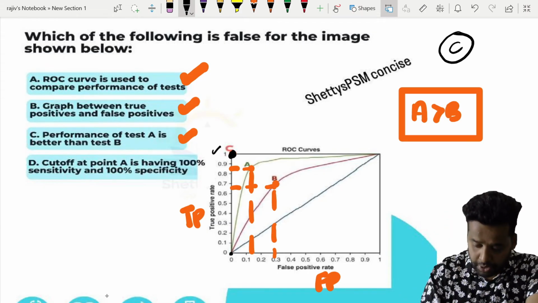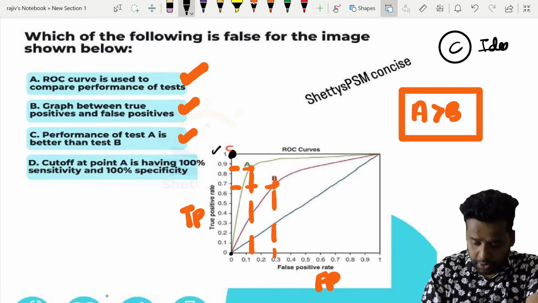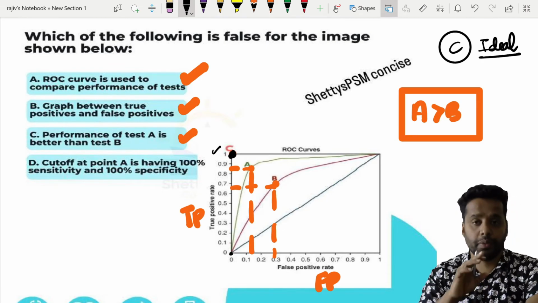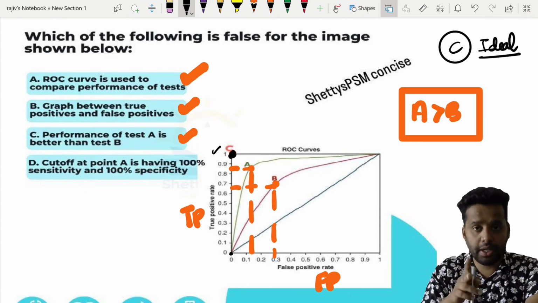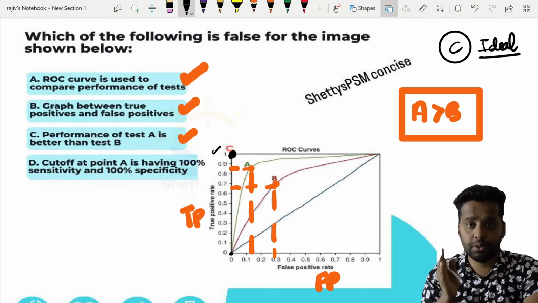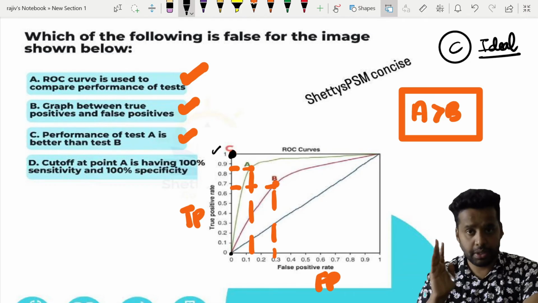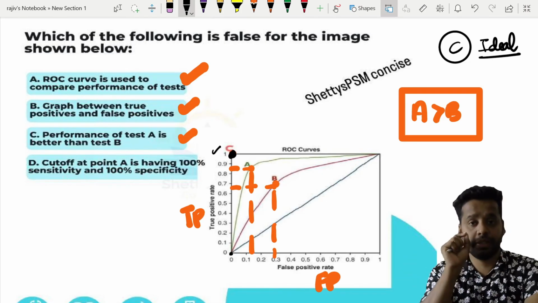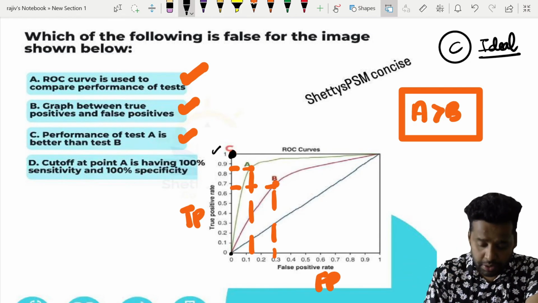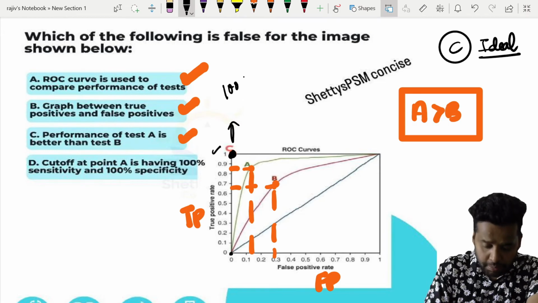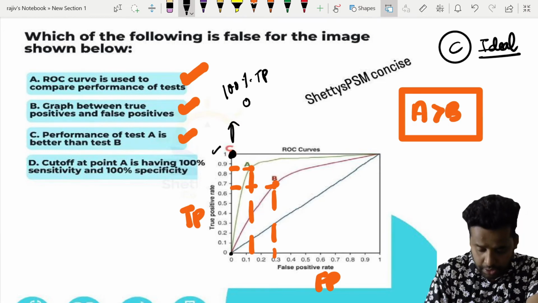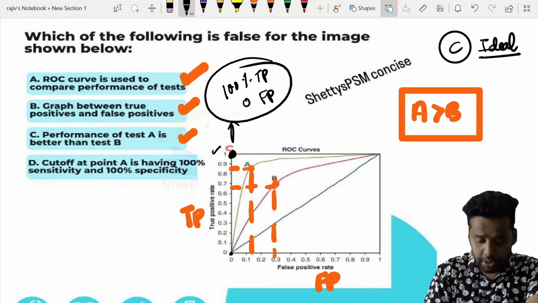Your point C. This is the ideal point, not usually possible. If I am comparing A and B, A is better. So test A is better than B, but test A is not ideal. Test C performance is ideal, because C has 100% true positive result and 0 false positive result. Keep this in mind.